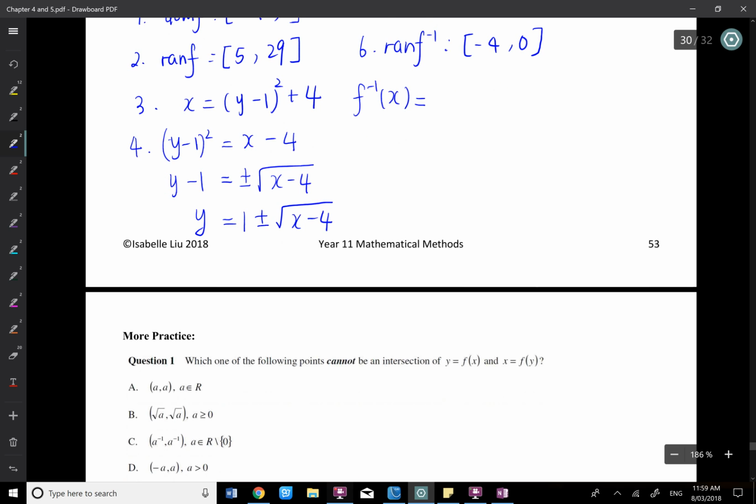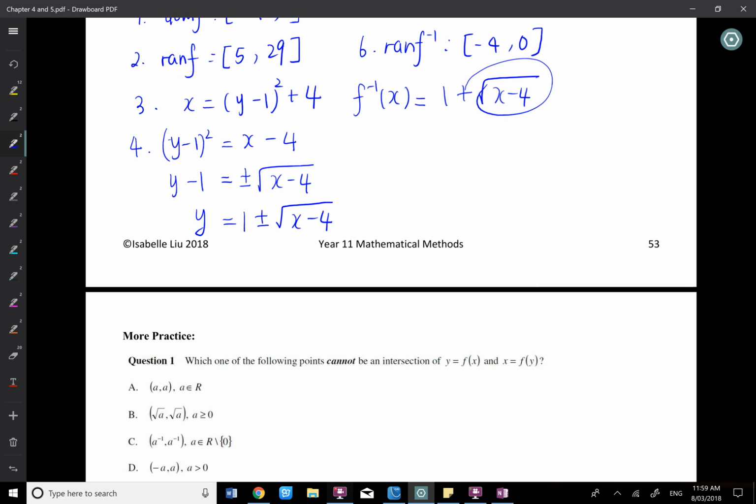If we take the plus, the square root is always going to give you a positive number, and then you plus that by 1, so it's always a number greater than 1. But what you need now is some number less than 1. Only the negative will achieve that for you. It needs to be 1 subtract something, not 1 plus something. You want a range of -4 to 0, which is a value below 1, so you want to make it smaller. So 1 needs to subtract the square root.